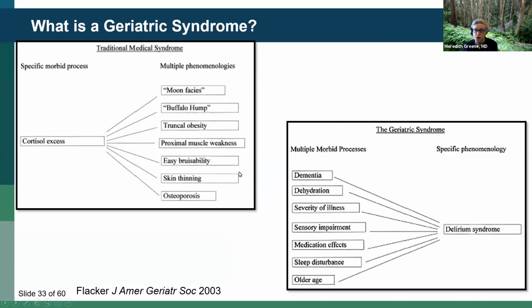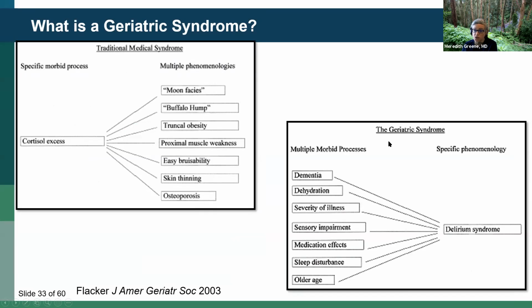So first, what is a geriatric syndrome? Traditionally, we think of syndromes like Cushing's syndrome, for example. It's usually one process, cortisol excess in this case, maybe because they're taking ritonavir and an inhaled corticosteroid. And then it leads to all these different signs and symptoms or phenomena. So truncal obesity, skin thinning, and osteoporosis.